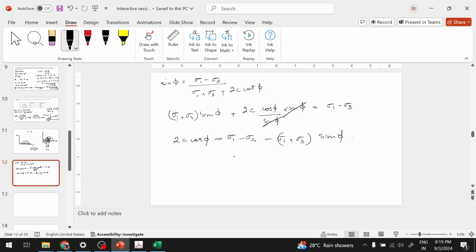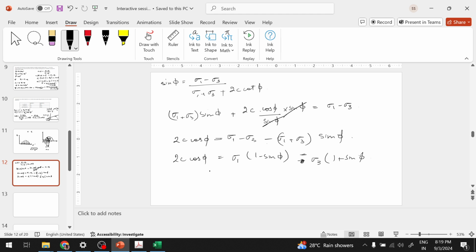Okay, so what we can write is 2c cos phi equals sigma 1 (1 minus sine phi) plus sigma 3 (1 minus sine phi) minus sigma 3 (1 plus sine phi).